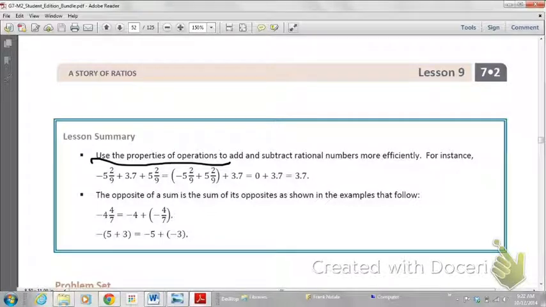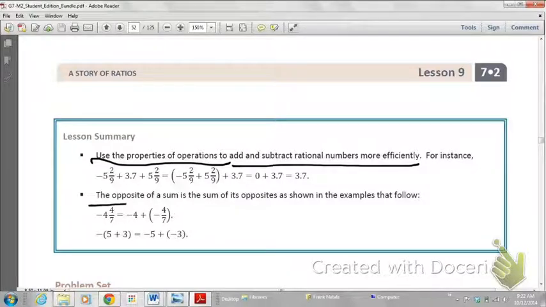This idea that subtracting is the same as adding the inverse of a number. All of those create more increased efficiency. Okay, so these properties of operations to add and subtract rational numbers make us more efficient. Okay, and then they give you an example right there.